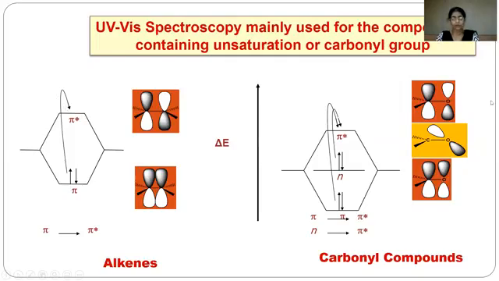Similarly, in carbonyl compounds, there is pi to pi antibonding because of the carbon double bond oxygen, and n to pi antibonding. Both transitions are possible.